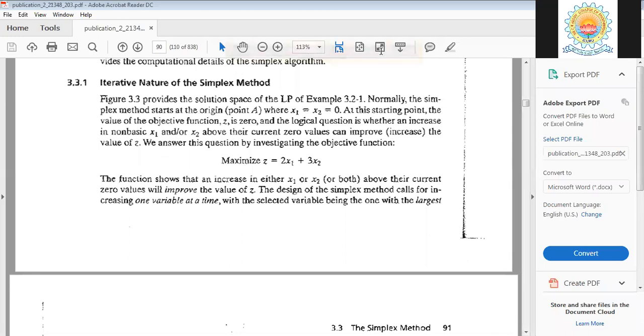A problem will be given. You have to find out the dual of the particular problem.